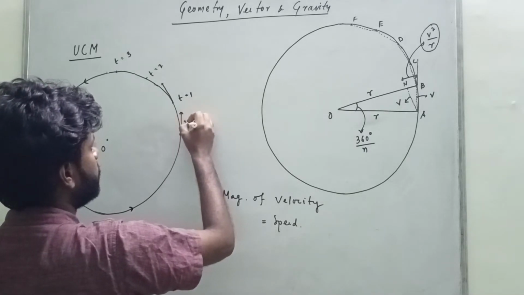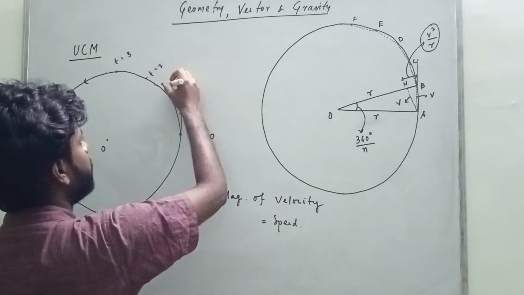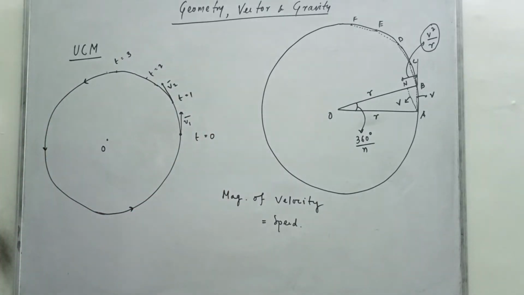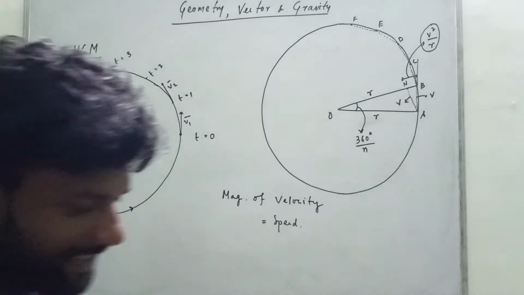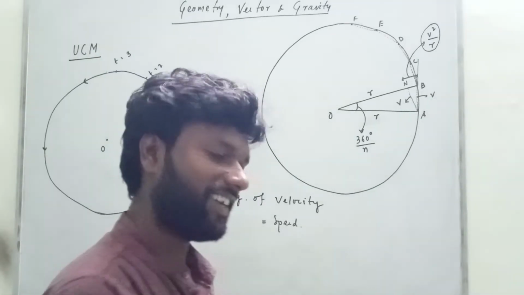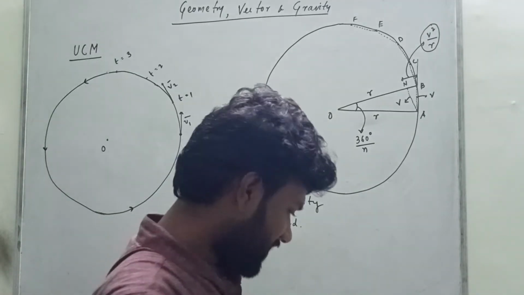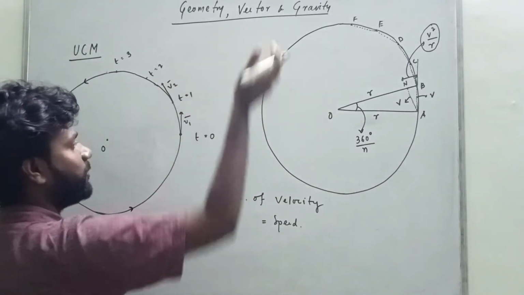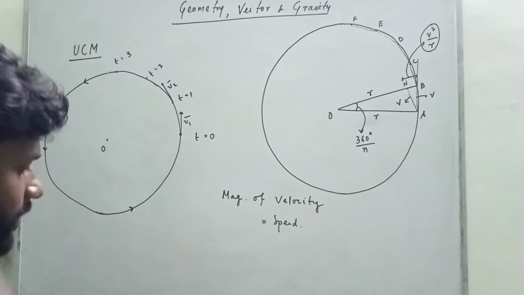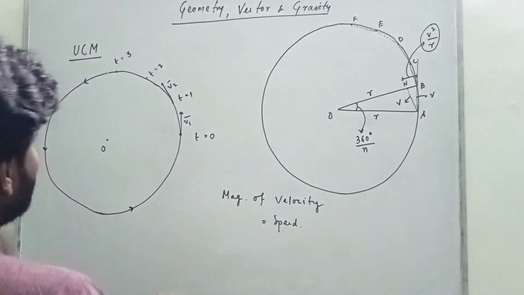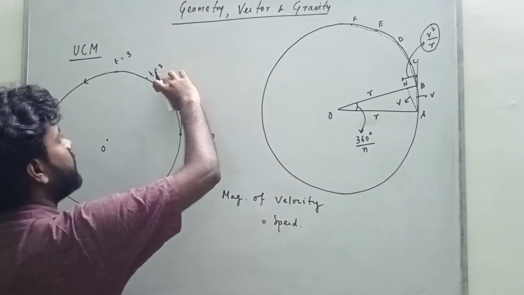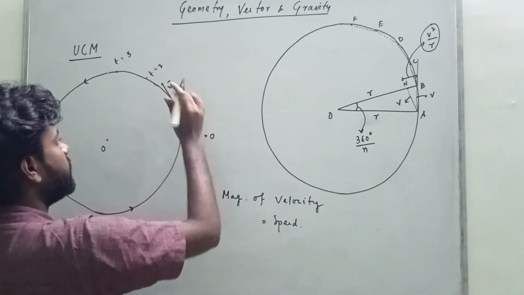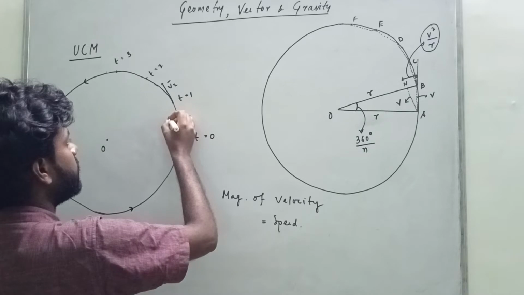So just take the initial velocity v1 and the final velocity v2, right? I want to calculate the change of velocity. What will this be? All of you know from our vector classes: just translate v2 from here to there, a parallel transformation.